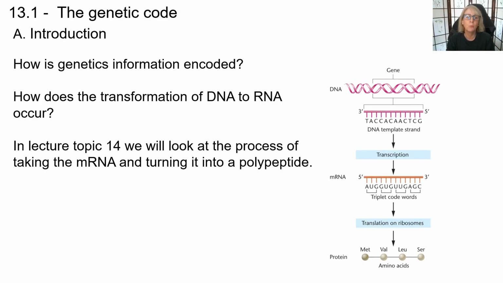So, how is your genetic code stored? And I use this word encoded all the time. It just means that it's kept in code. How is genetic information encoded, and where do we keep it? It's encoded in the DNA.